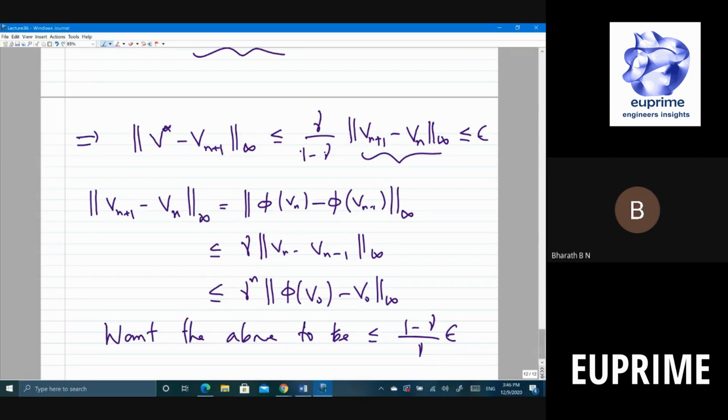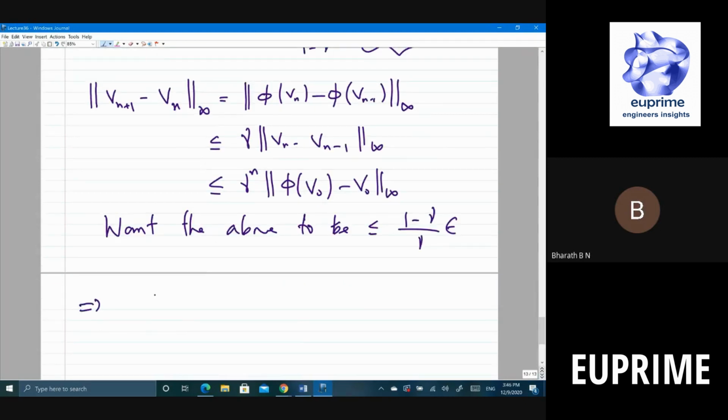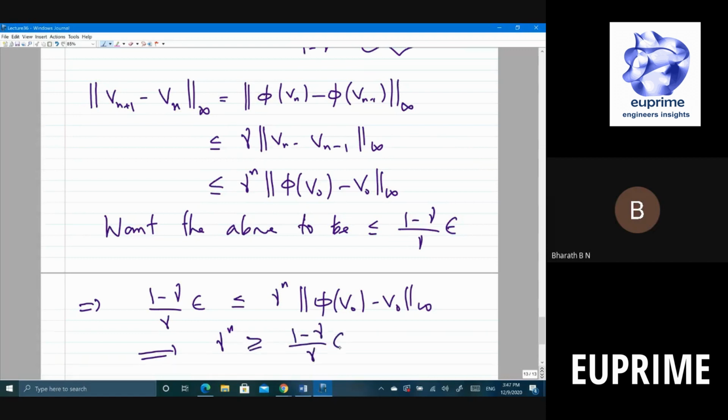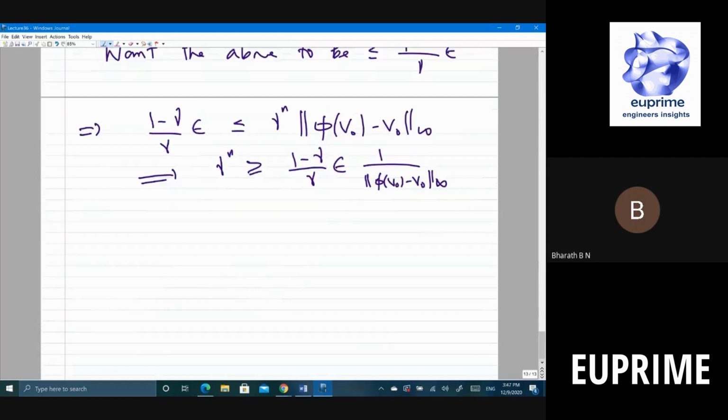So this implies that (1 minus nu) over nu times epsilon is less than or equal to nu^n times the infinity norm of phi of v_0 minus v_0. I'll do the rearrangement. So nu^n is greater than or equal to (1 minus nu) over nu times epsilon times 1 over the infinity norm of phi of v_0 minus v_0. Is that fine?